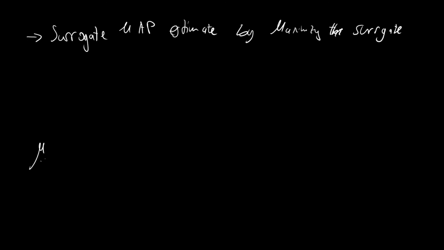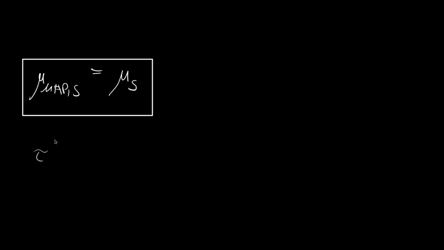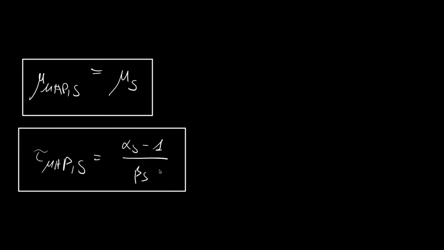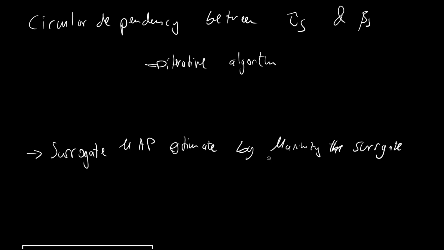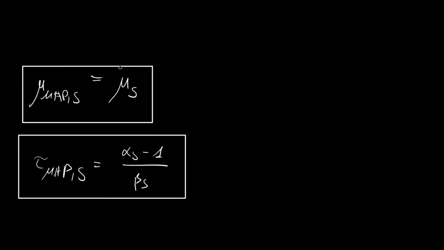I will call this a mu MAP surrogate. And this one is, of course, mu surrogate. And for the tau, we have to maximize the gamma. And if you were to do this, then you would get alpha s minus 1 over beta s. And you plug in the values that you calculated by the help of these iterative update routines. And then you also have a surrogate MAP estimate.